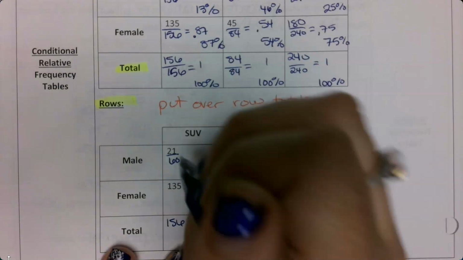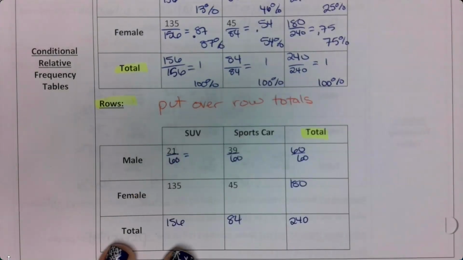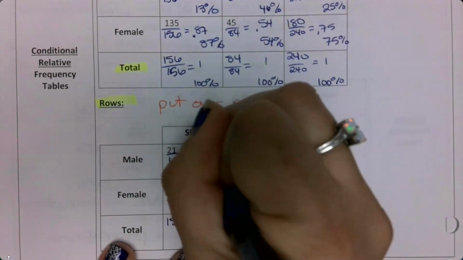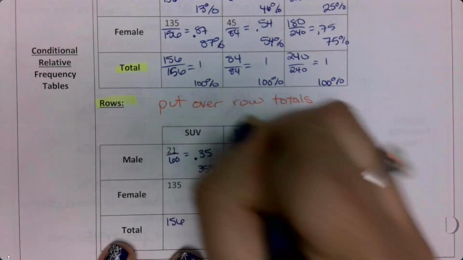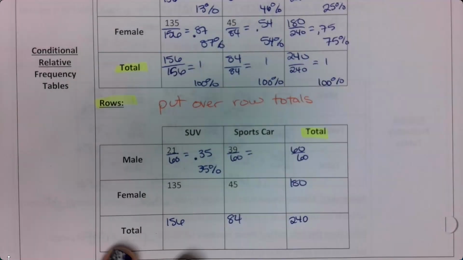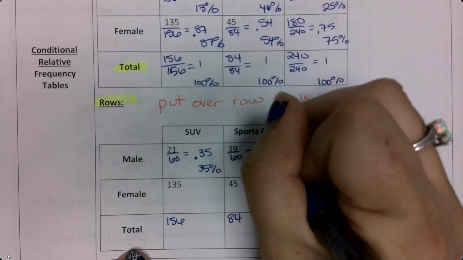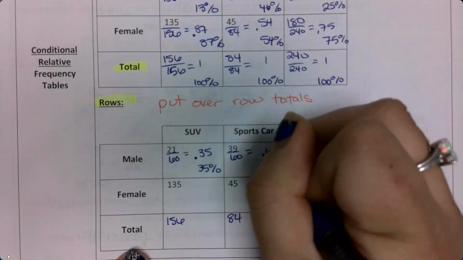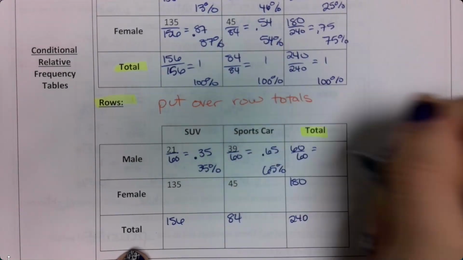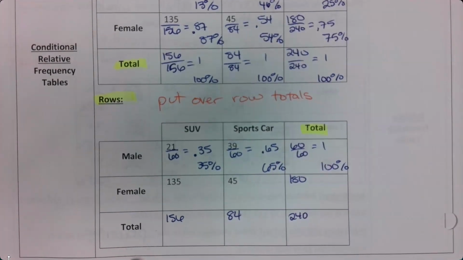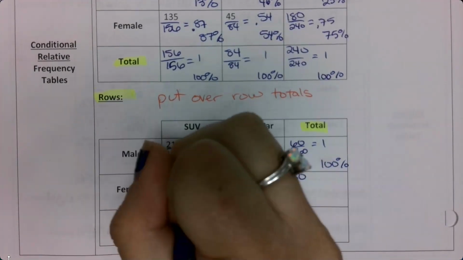So 21 divided by 60 is? 39 divided by 60 is? And then 60 divided by 60. Then my next row, I'm going to divide by 180.